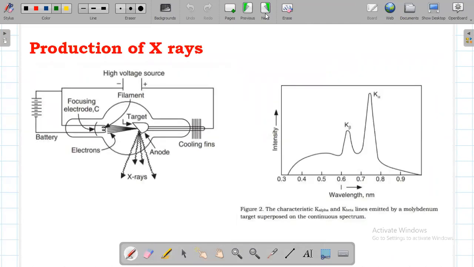This is about the production of X-rays using the Coolidge tube. Suppose the question says explain the production of X-rays, or explain the production of X-rays using the Coolidge tube.